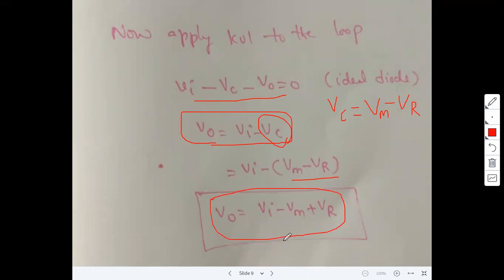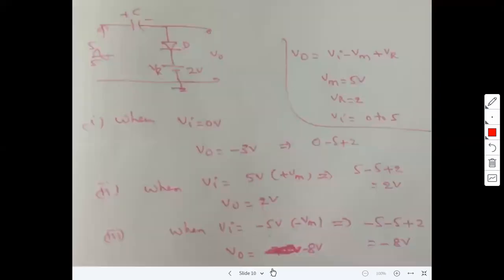Now substitute the three cases: when Vi is equal to 0, when Vi is equal to Vm, and when Vi is equal to minus Vm. This is the circuit here, this is the Vo expression, and Vm is equal to 5 volts, the input maximum peak, and the reference voltage is equal to 2 volts.